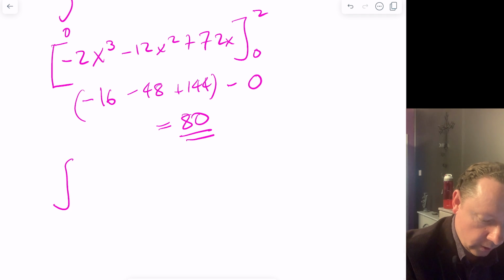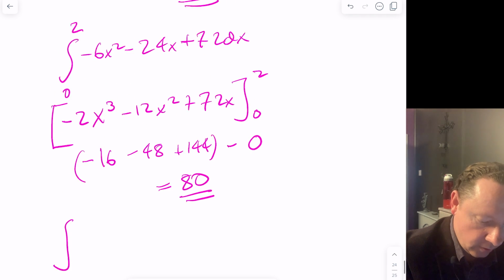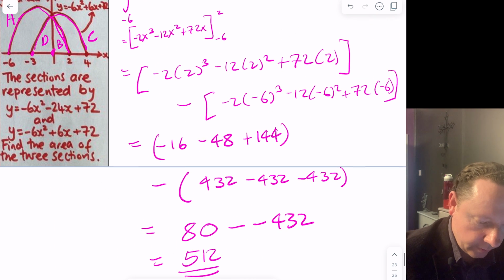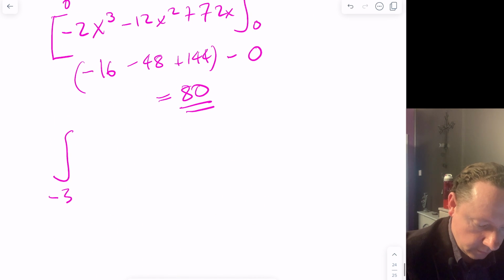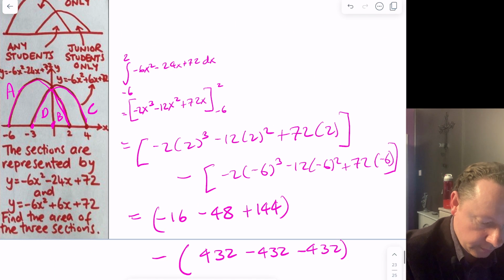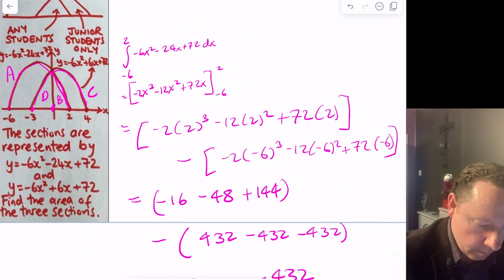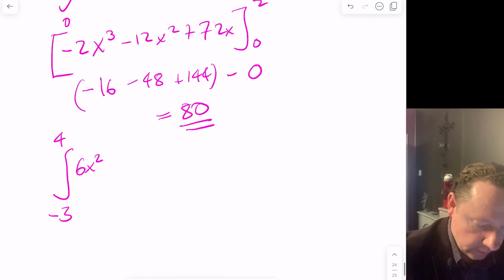So my next integral is the integral between minus 3 and 4 of minus 6x squared plus 6x plus 72.